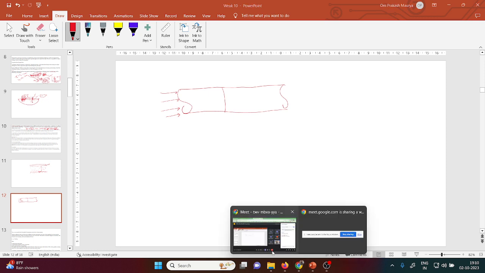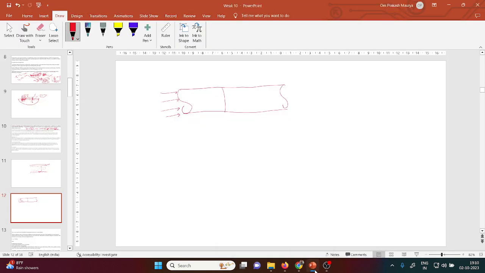Yes, sir. So after the development length, I am going to draw the profile here. In case of laminar flow, your velocity follows the parabolic profile, right? But when the flow is turbulent, what is happening?